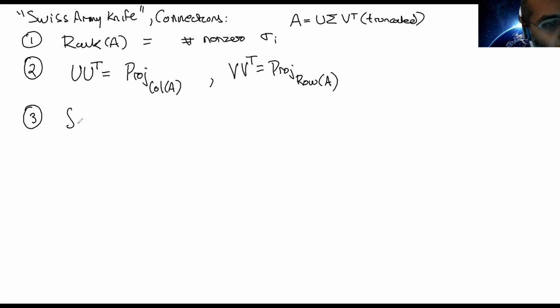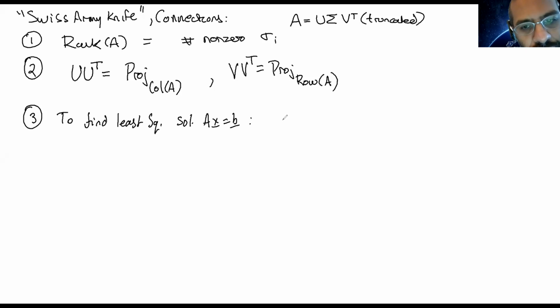So to solve Ax equals b, or to find a least squares solution, maybe I'll write it that way. Well, what can you do? First, you have this SVD of A here. You're going to use that somehow, right?